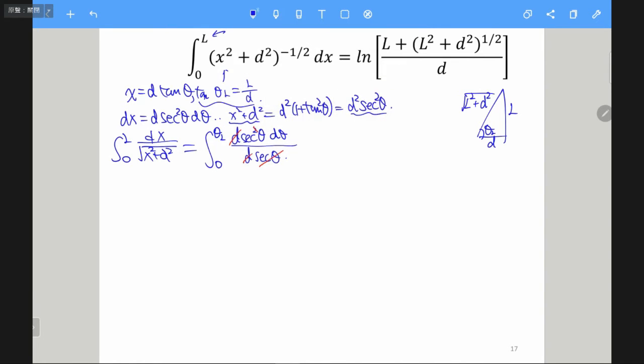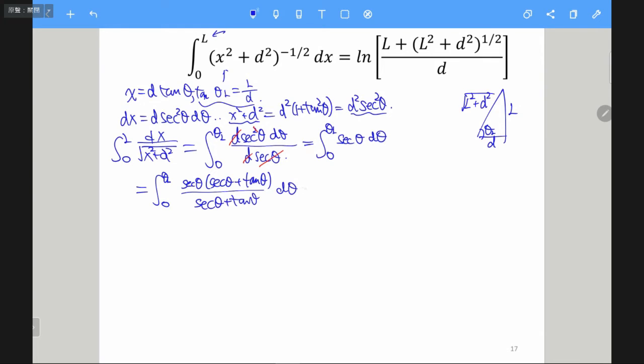So the remaining part is integrating secant theta d theta from 0 to theta L. The trick here is that we can multiply and divide this by secant theta plus tangent theta, and then we have secant theta plus tangent theta d theta.